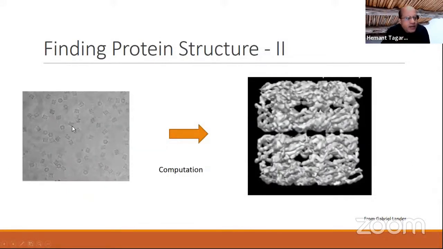I'm using the term shadow in a very loose sense, but they appear like shadows of the protein molecule. Our task is to take these shadows and reconstruct from them the actual 3D structure of the protein at as high a resolution as we can.